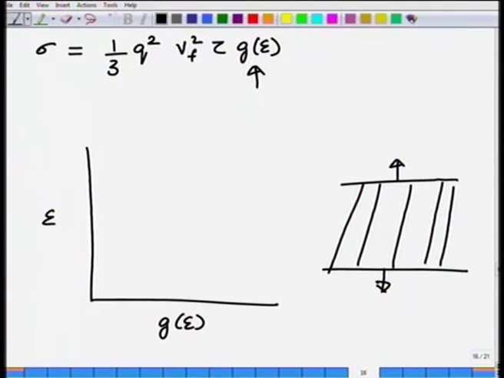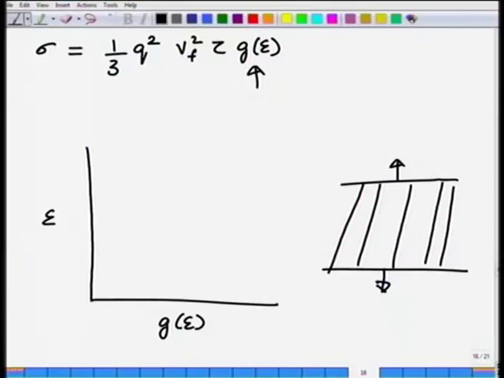Those are disallowed energy states, so the density of energy states there is nearly 0. So it is 0 at the top of the band and at the bottom of the band. If I plot this density of states, it shows a maximum somewhere here in the middle. And what happens?